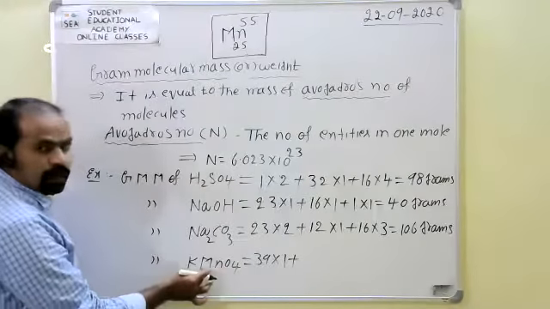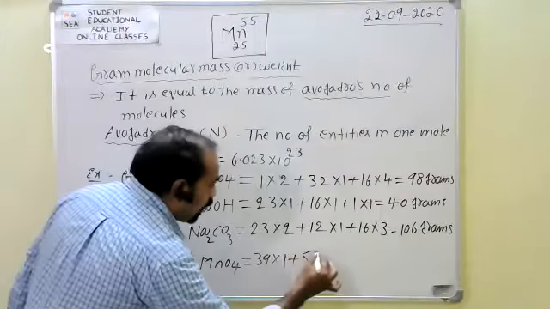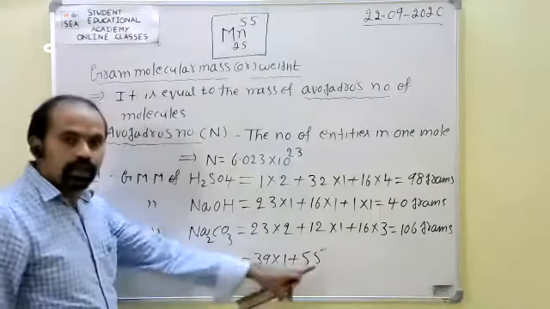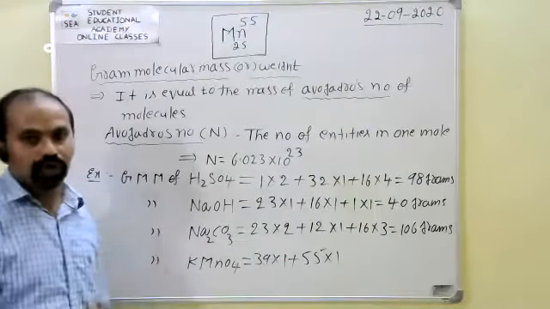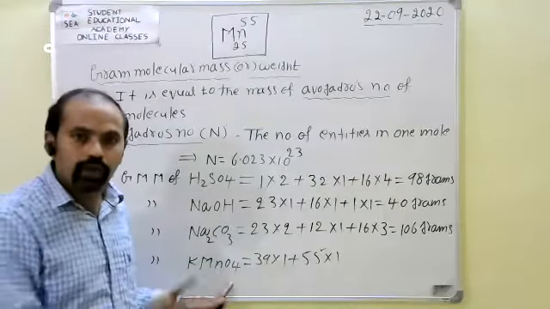So manganese 55 into its atomicity, which is 1 only; there is only one manganese.